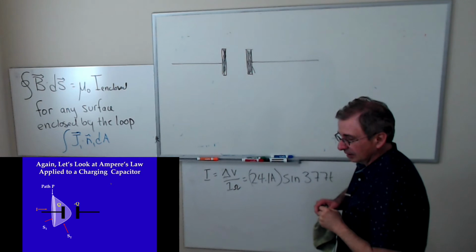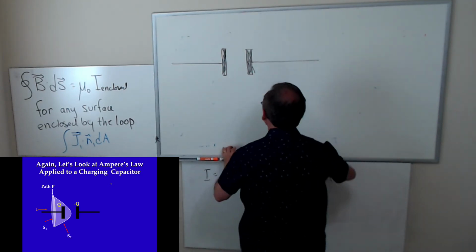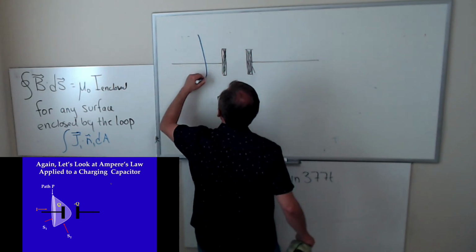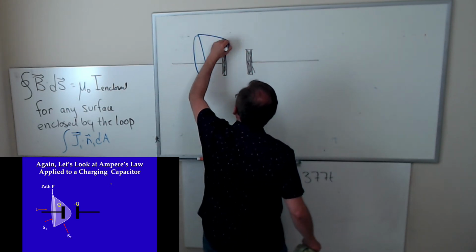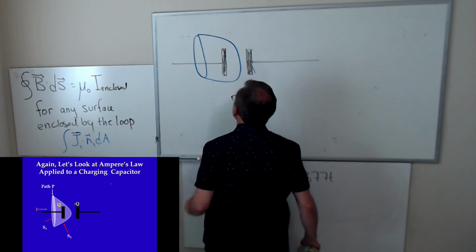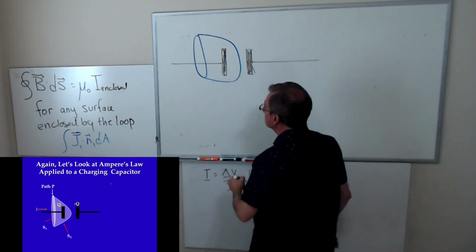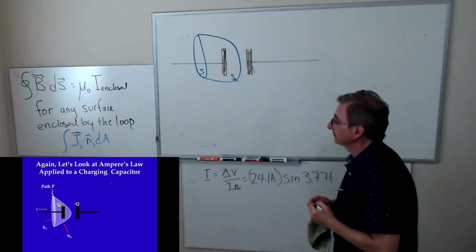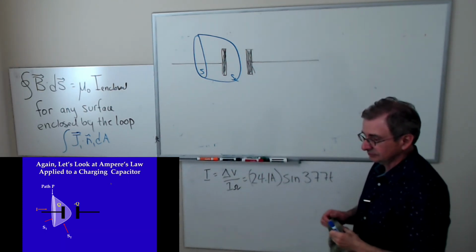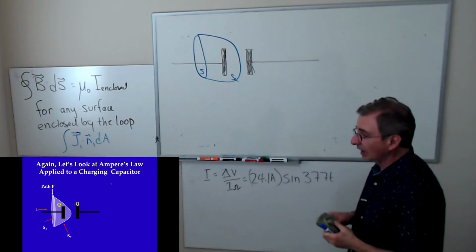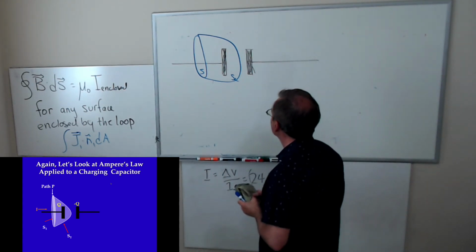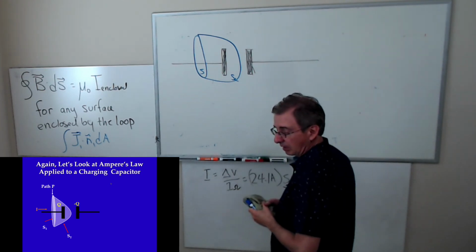And let's say we draw our surfaces like this. So we'll call this one S1 and this one S2. Now, how much current penetrates S2?